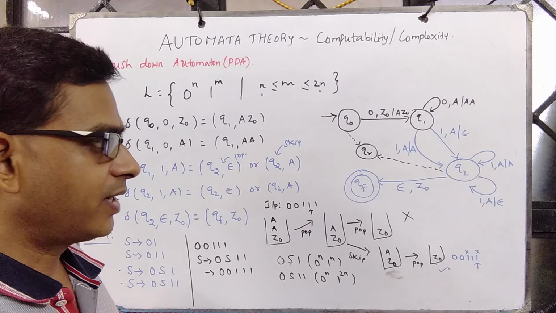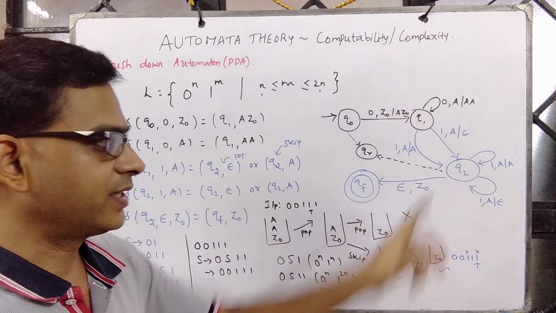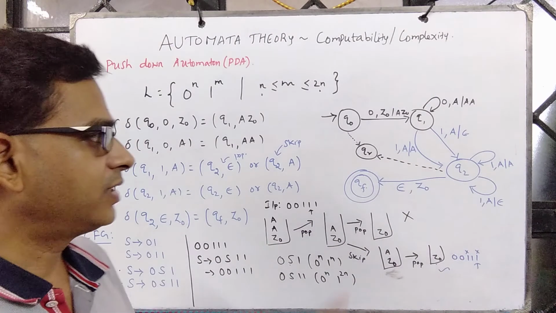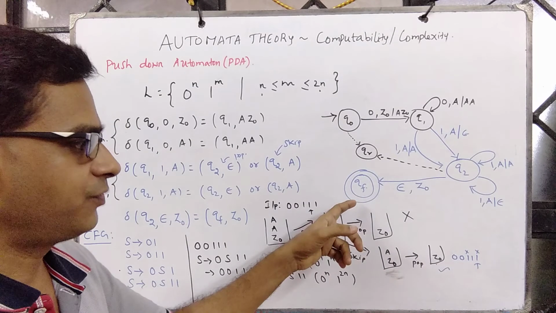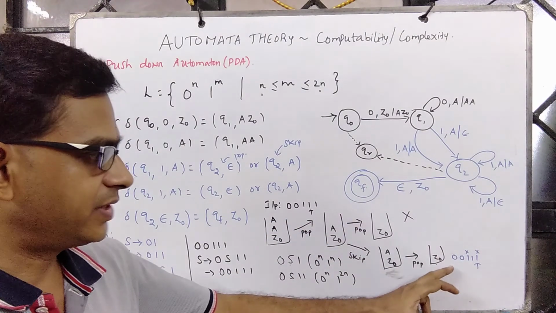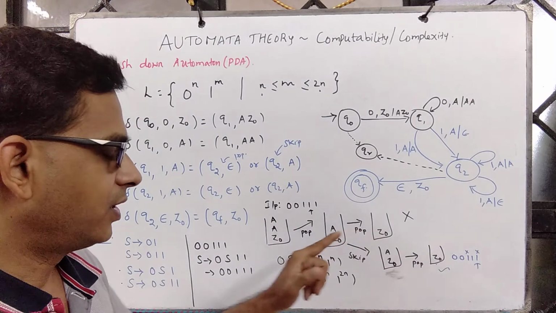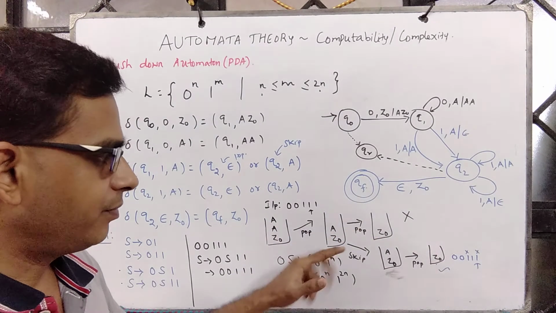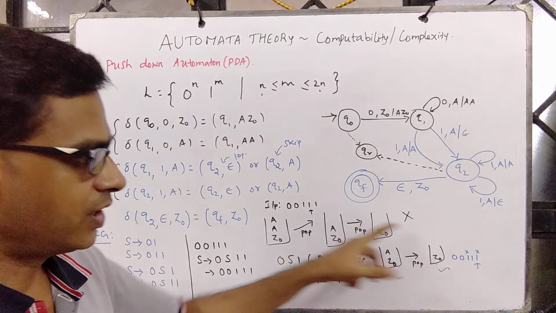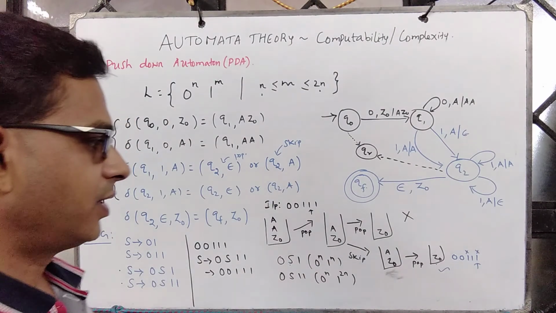You may have to take a guess or a call whether to take this direction or this direction. But as far as acceptance is concerned, there should be at least one sequence of moves taking me to acceptance. This sequence of moves is deterministic in nature. This sequence of moves is deterministic in nature. But at this point in time, the machine takes a guess. Should I take this branch or this branch? That's where non-determinism comes into the picture.